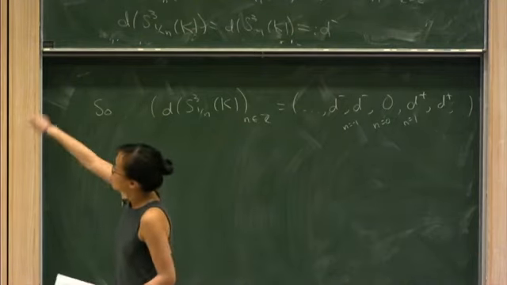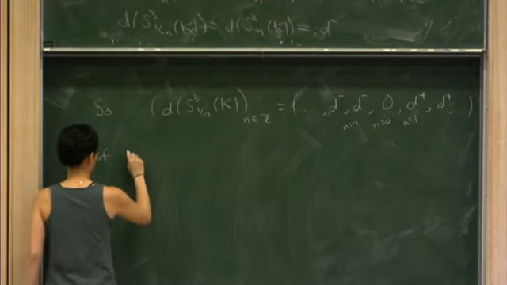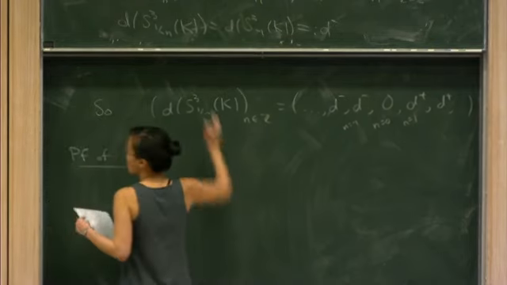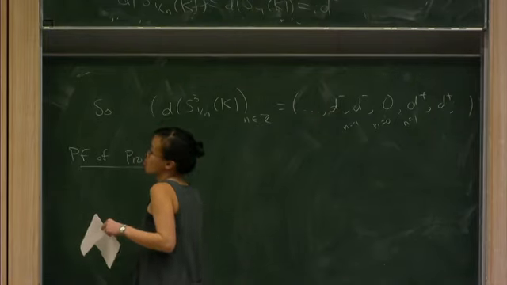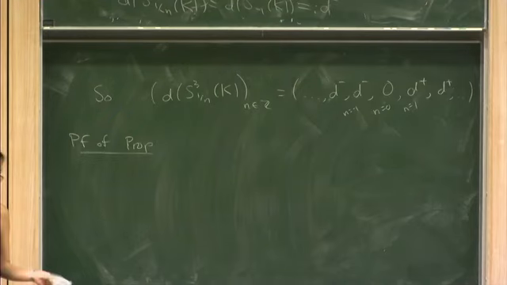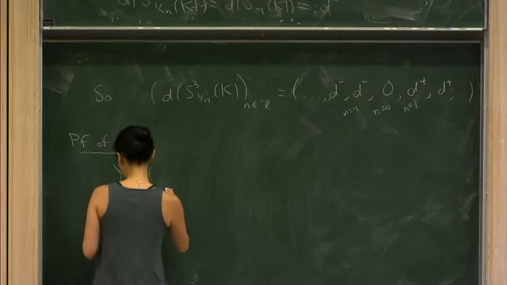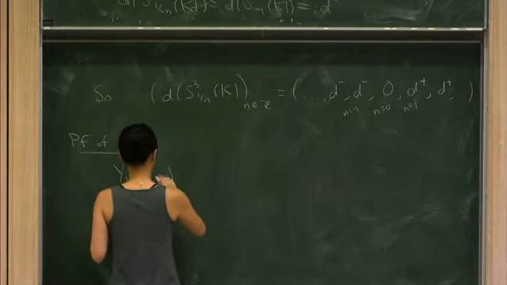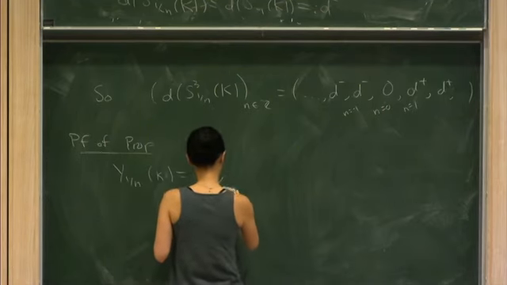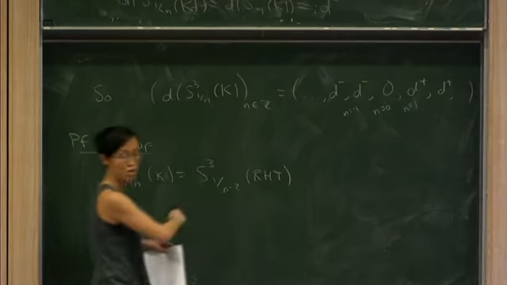So now, to prove this, the proof of the proposition: Y is -1/2 surgery on the right-handed trefoil, and K is the core. So if you do 1/n surgery along K, this is 1/(n-2) surgery on the right-handed trefoil in S^3.